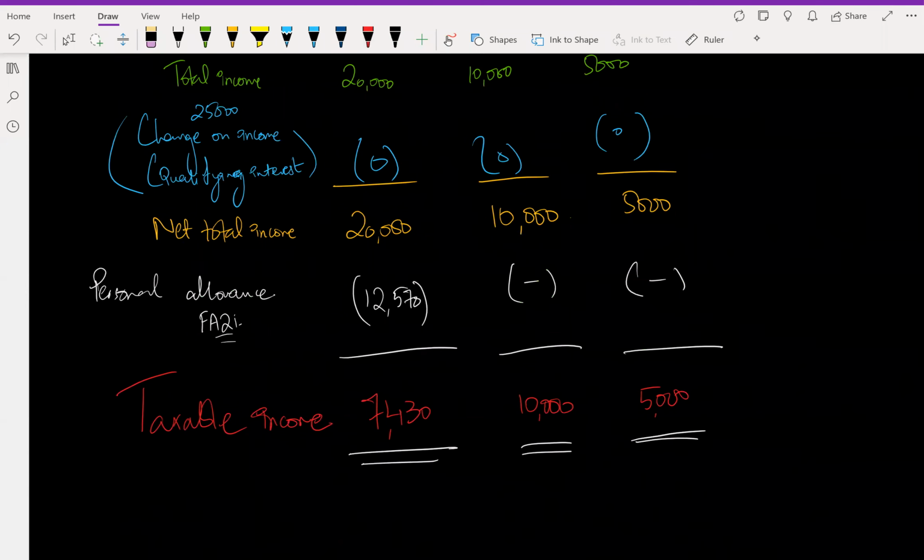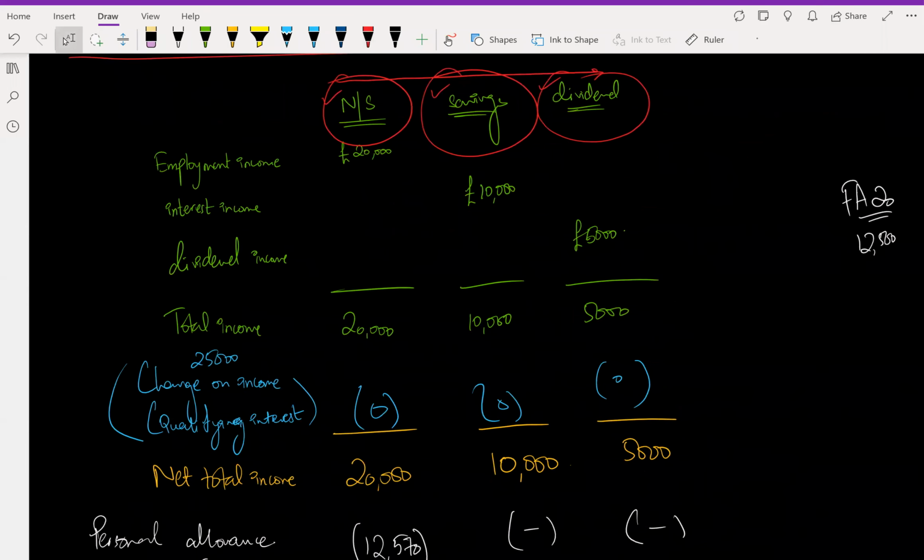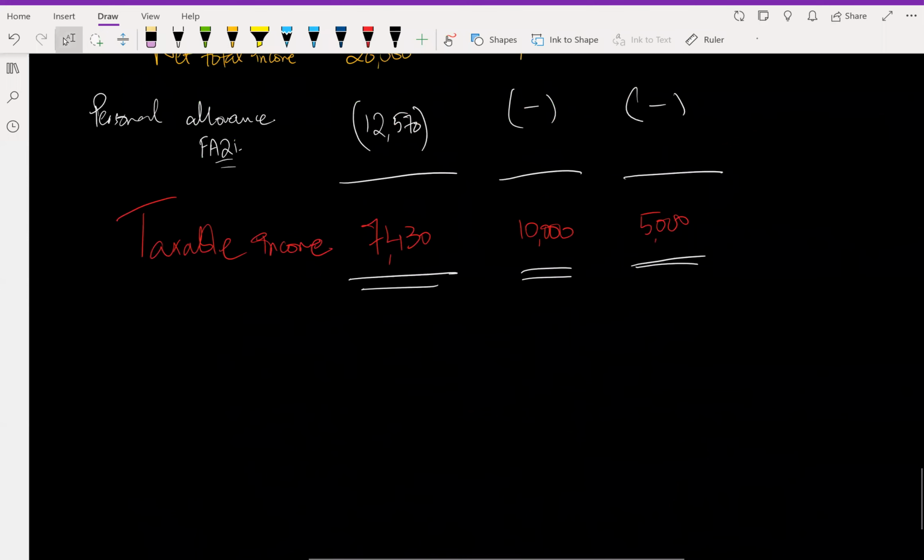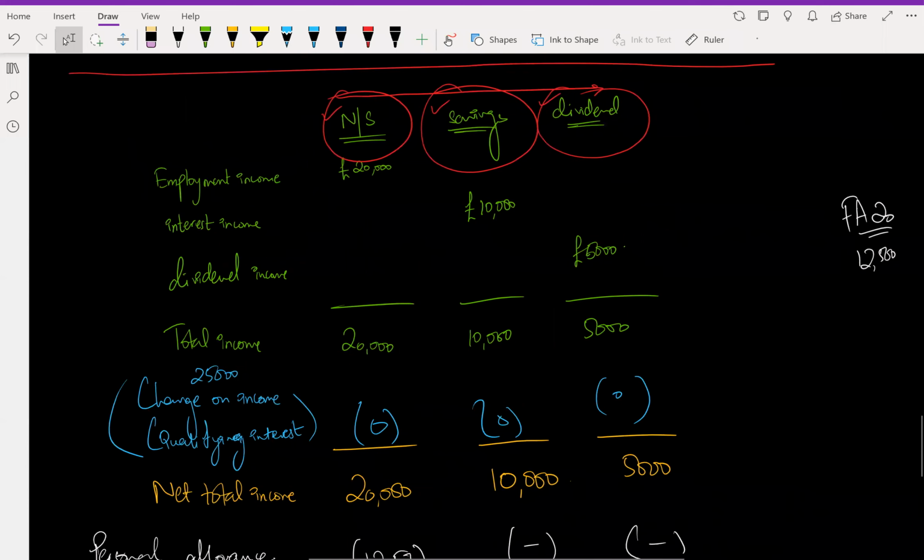So this is how you calculate the taxable income. In today's class, I'm not going to teach you how to calculate the tax. Okay, because that's actually for some other day. It's for tomorrow. Okay, because that is the real task. Once you learn how to calculate the tax, that's the real deal. Now in the remaining class for today, I'm going to give you more examples to solve on your own based on this criteria, based on what we studied today, and you will give me the answers to that.